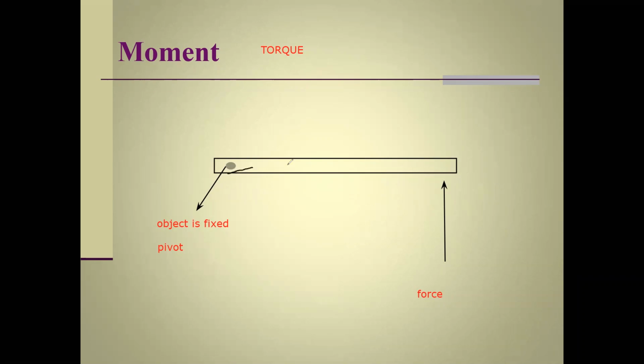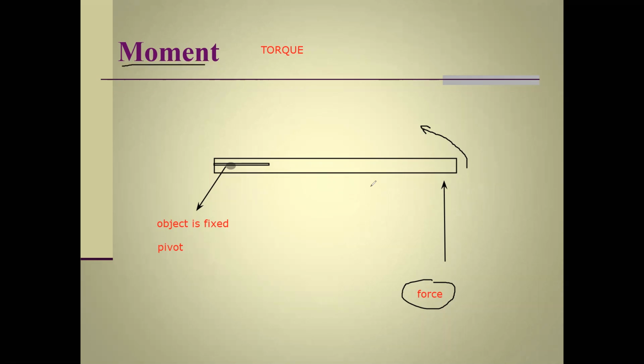The object will rotate and this will be the new position of the object. As the object rotates by applying a force, the turning effect of the force we call moment.